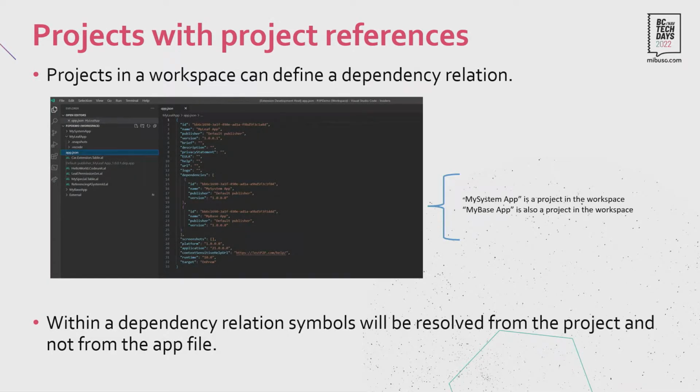In a workspace, you can define projects, and these projects can be set in a dependency relationship. What does that mean? It means that in the dependencies entry in your app.json, you can specify another project in this workspace, and then this will be a project reference.